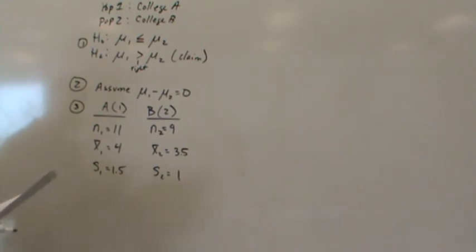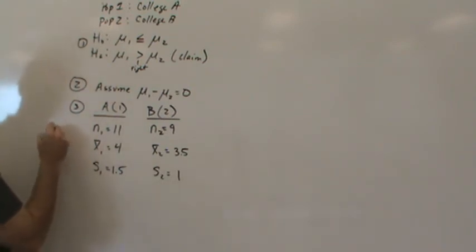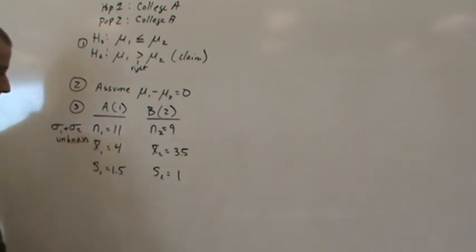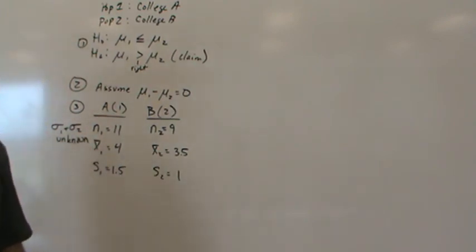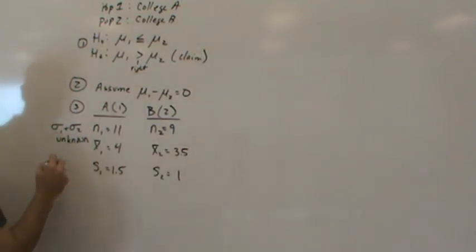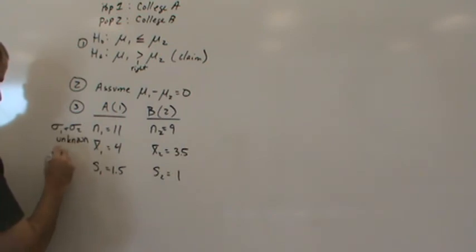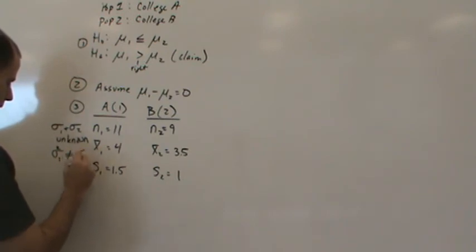Now, they don't say anything about the population standard deviations, so we don't know. So sigma 1 and sigma 2 are unknown. They don't tell us if they're the same or not. So again, when in doubt, assume they're not equal. So we're going to assume that sigma 1 squared is not equal to sigma 2 squared.